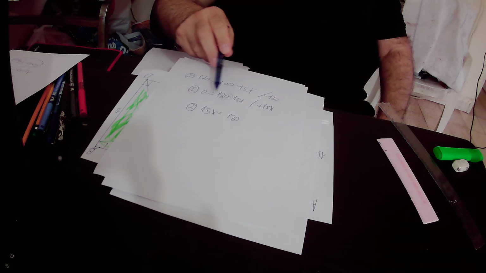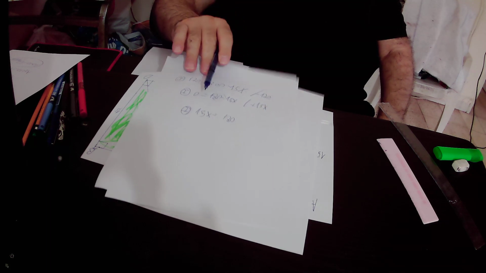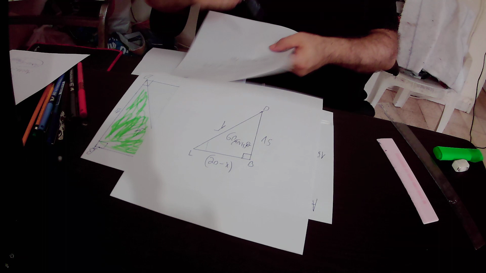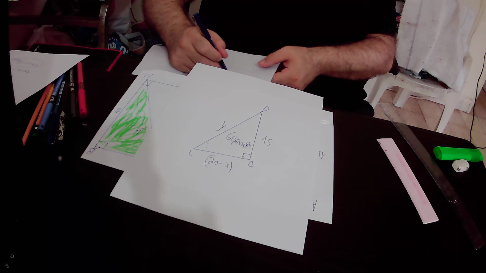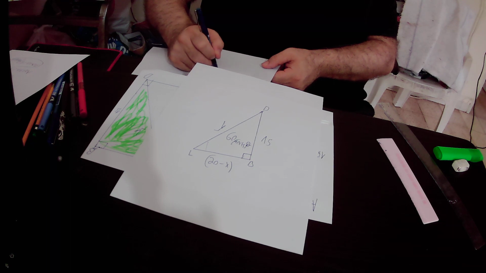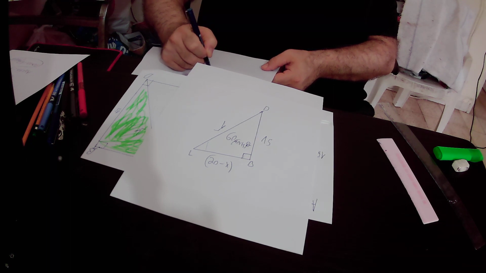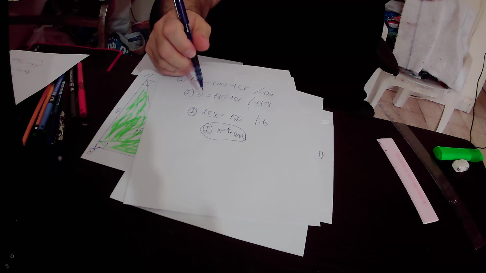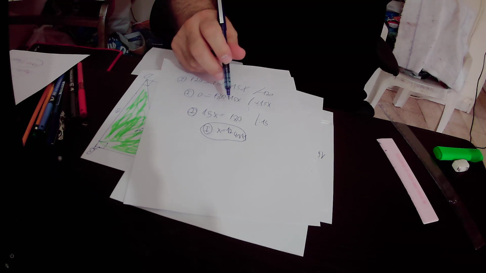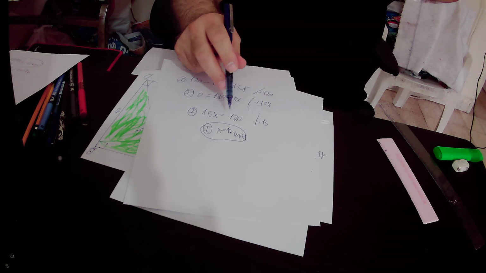We'll divide this equation by 15. 180 over 15 equals 12 units.